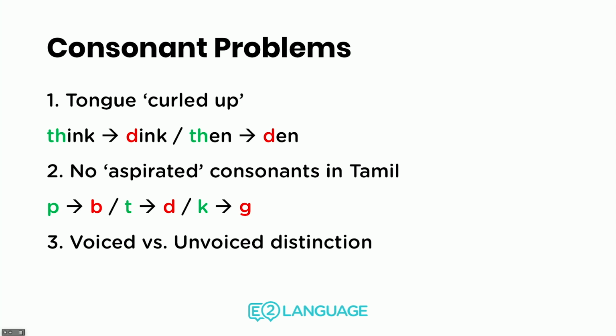Another problem is that in Tamil and other Dravidian languages, there's no distinction between voiced and unvoiced. So the difference between b and p, for example, is, well, one, p is aspirated, but b is voiced, okay? If you put your hand here, b, b, b, versus p, p, p, one of them is making a sound at the throat level.